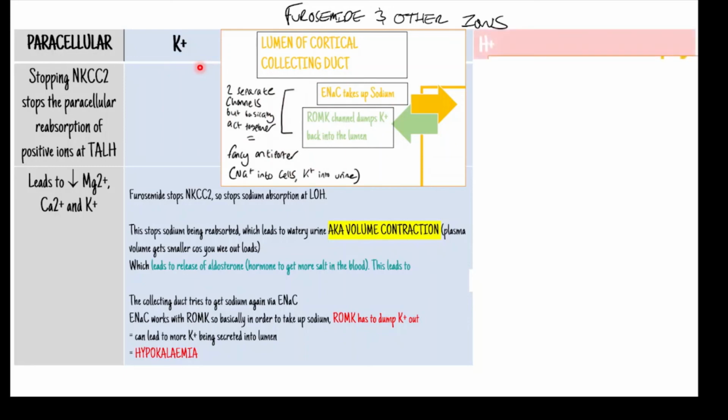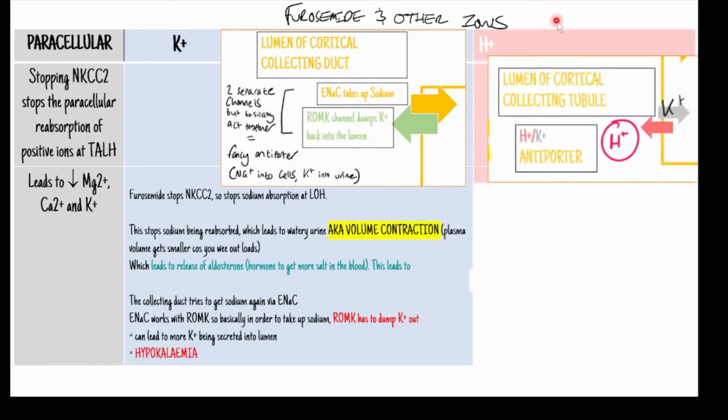Okay, finally, H+ concentrations are also affected. Again, we have to jump ahead of ourselves and look at the cortical collecting tubule. There's a special type of antiporter here, which I mentioned in the Bartter one, which takes K+ up and dumps out H+.